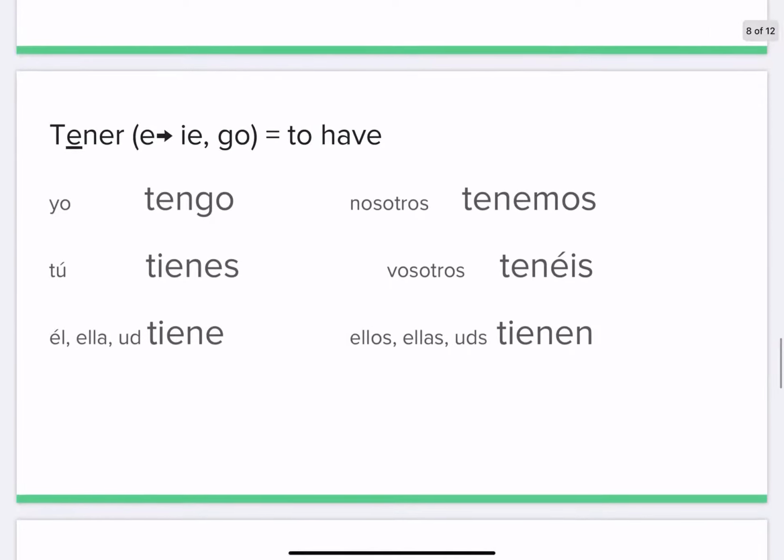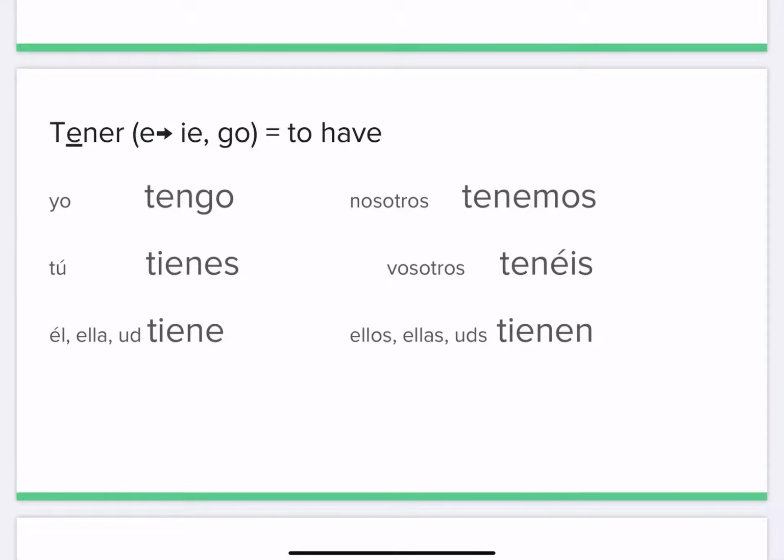The next verb is the verb tener. Tener also has an E to IE spelling change, and it is also a go verb. The verb tener means to have. If you notice, tener is conjugated very similarly to how venir was conjugated. So in the yo form, the E stays as it is, and you get yo tengo.